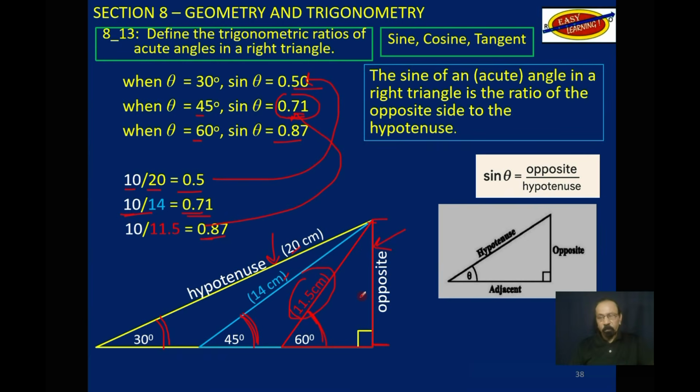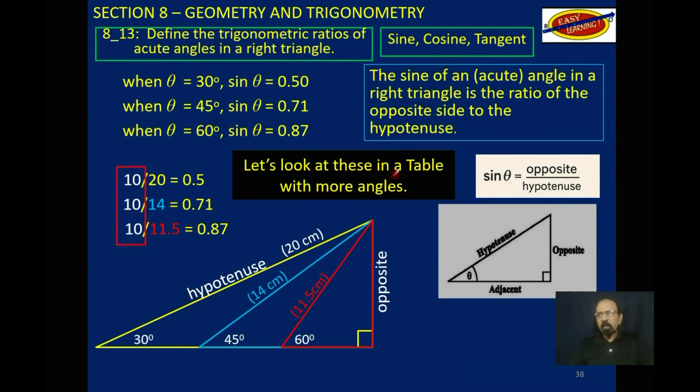Notice 10 was constant for all the opposite, and you keep dividing by smaller and smaller hypotenuse. So if you keep dividing 10 by smaller and smaller hypotenuse, then the ratio will get larger as you go along. Let's look at these in a table with more angles instead of just these 3 angles.